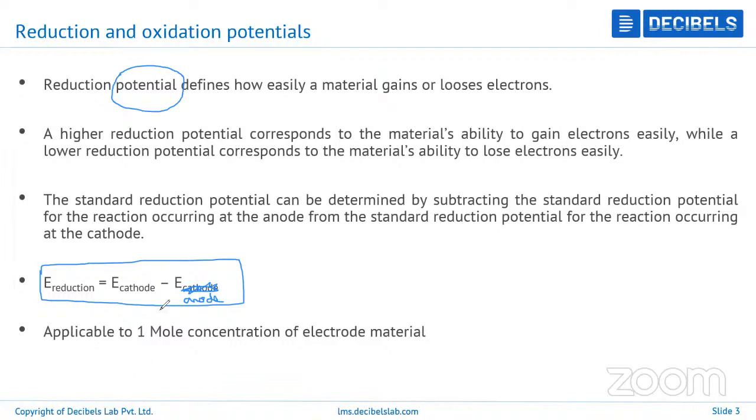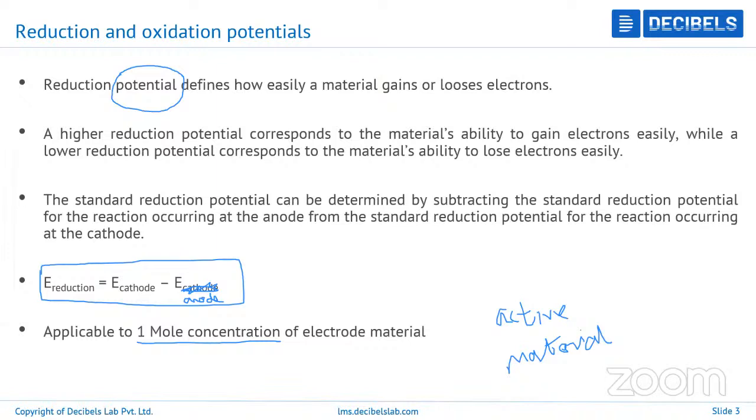Whatever equation that you see here, this particular equation that I've highlighted, is applicable to 1 mole concentration of electrode material. In order to understand what is molar concentration, you have to know that the anode and cathode of a cell is made out of something called active material. This active material is nothing but all of the elements that comprise the entire electrode.